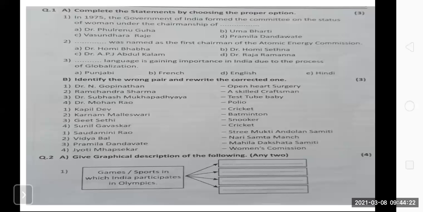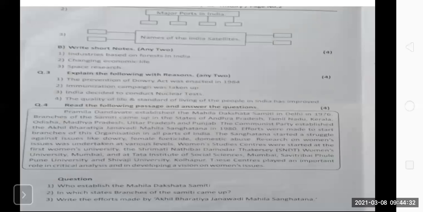Next, in the second question, there will be a graphical representation for 4 marks. Three parts are there, and we have to solve any two.